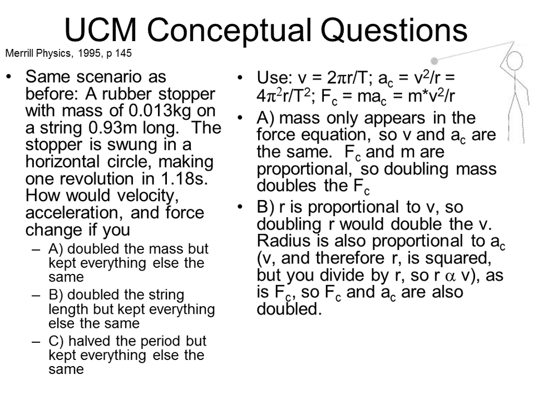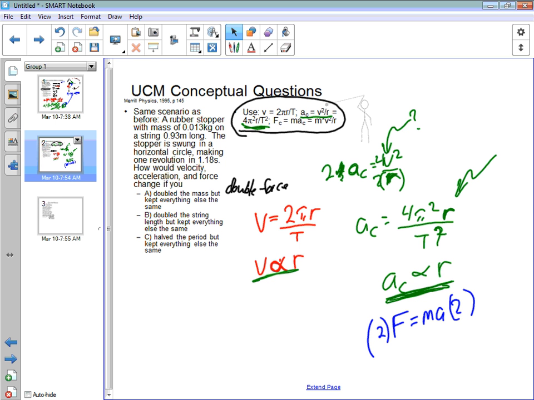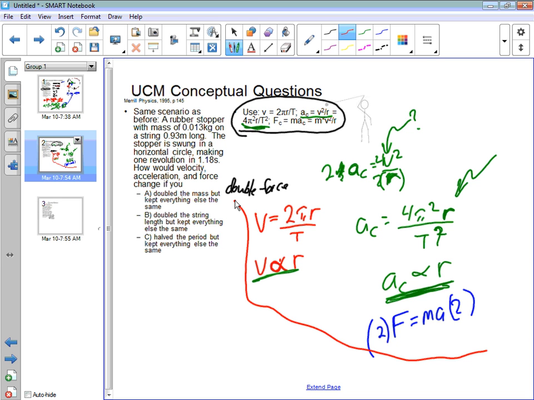Let's work out a nice equation. If we're talking now about cutting the time in half, how would that affect everything else? Centripetal acceleration is v squared over r.